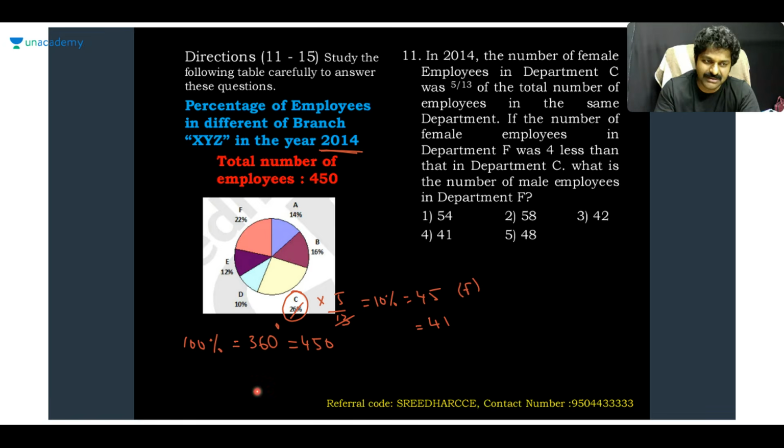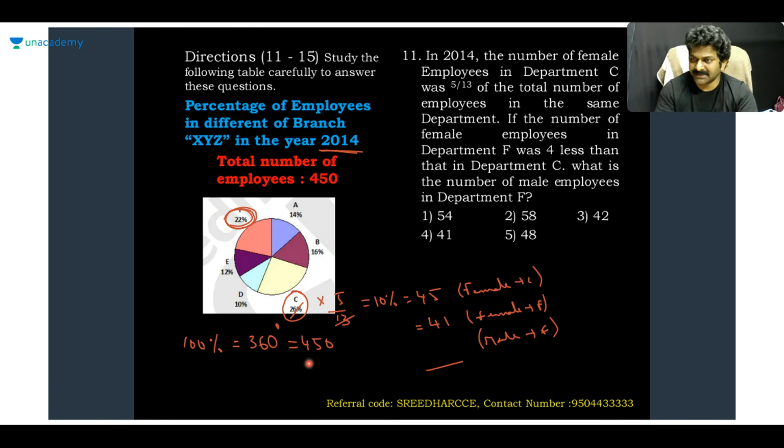The first one is female in C, and now it is female in F. Now, what is the number of male employees in Department F? Your question is about male employees in Department F. Now, in F total, what percentage we have? 22%.